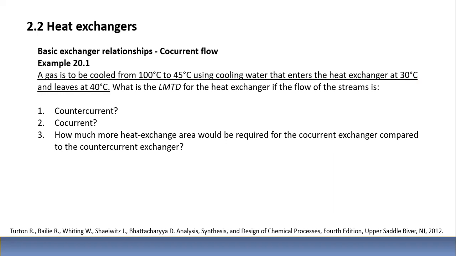It says, what is the LMTD, logarithmic mean temperature difference, for the heat exchanger if the flow of the streams is countercurrent, or concurrent? How much more heat exchange area would be required for the concurrent exchanger compared to the countercurrent exchanger?